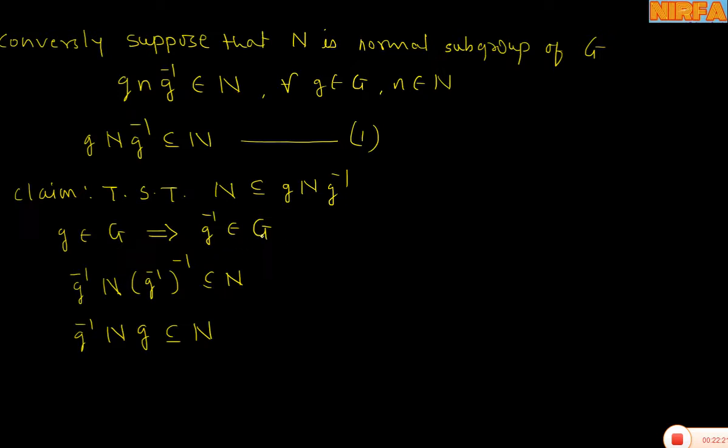Therefore, instead of taking any other element from G, I can take the identity element from G. Particularly if I take e, since G is a group, the identity element belongs to G, and therefore we can write N is equal to e N e.